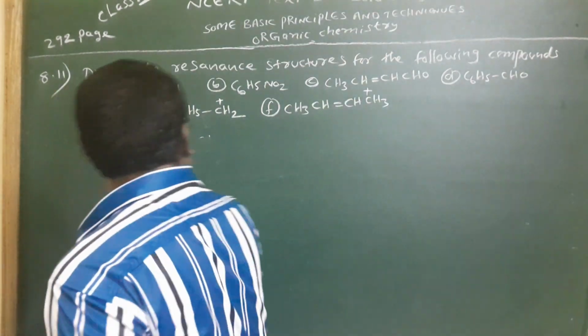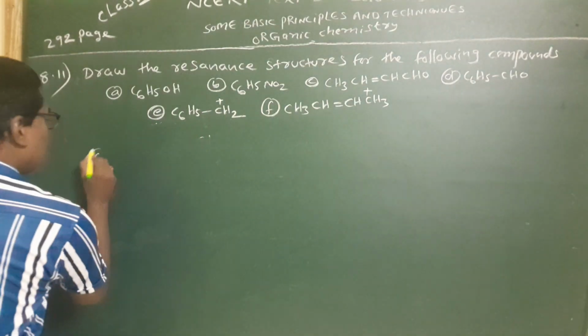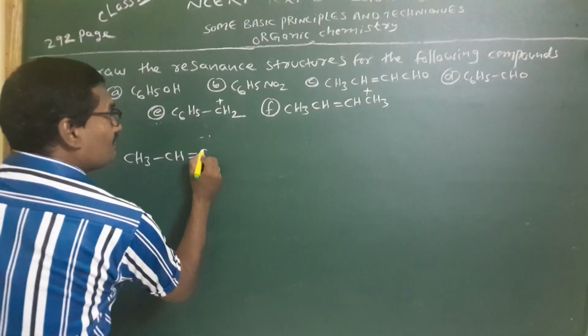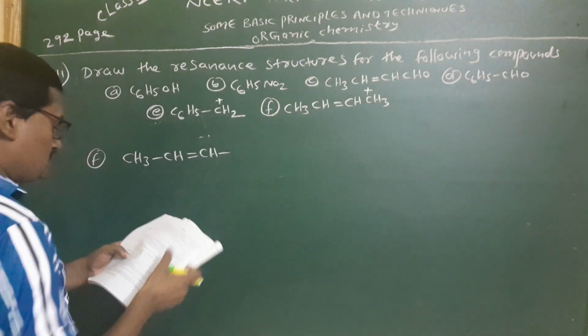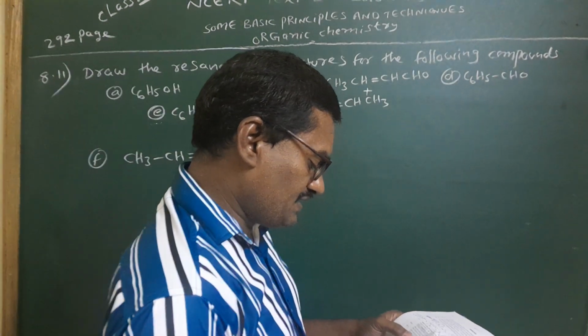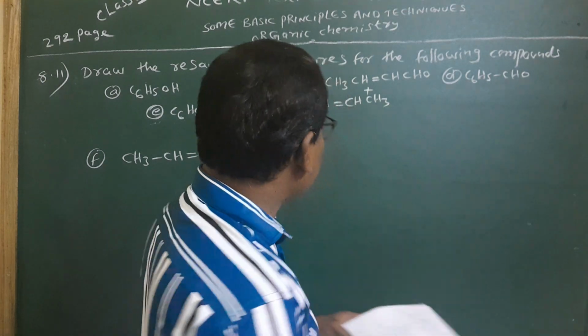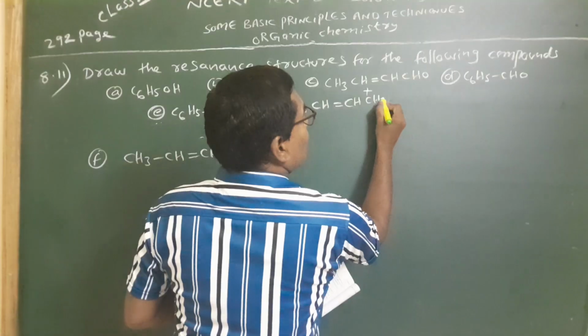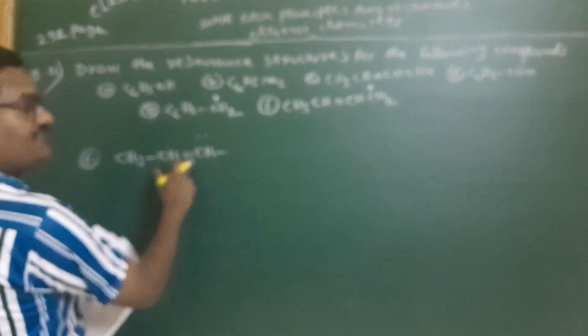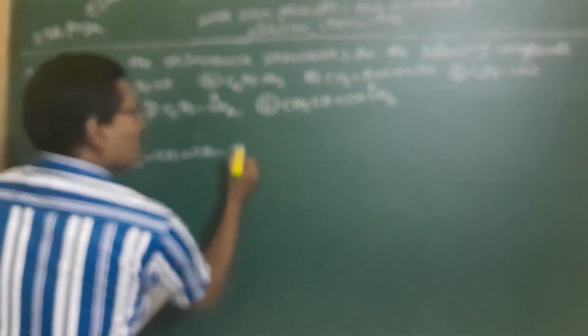So the last one, F, is CH3 CH double bond CH CH2 plus.